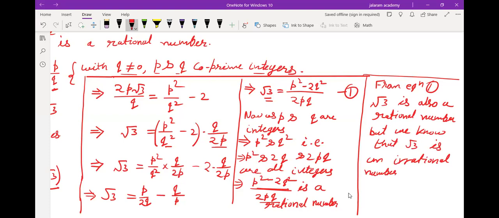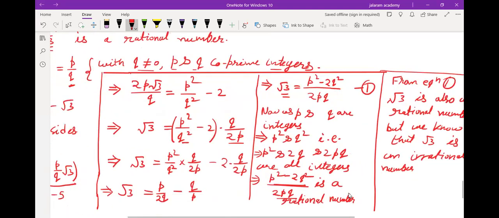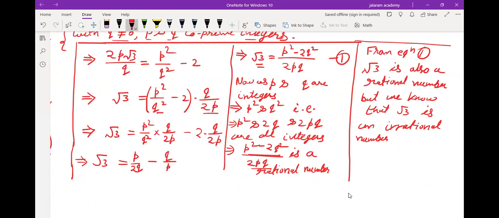We know that root 3 is an irrational number. Understood? And if root 3 is an irrational number, then what? We have assumed here that p square minus 2q square upon 2pq is rational, it is based completely on our assumption.